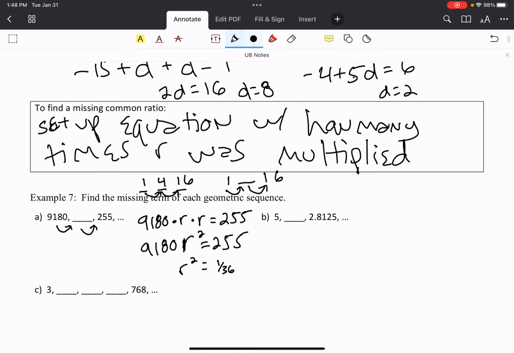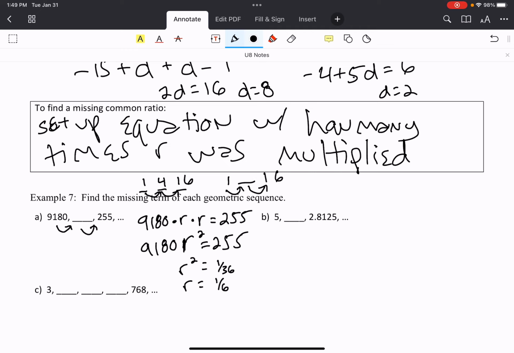Here's the only issue with this one. So r is 1/6, right? Or again, you can leave it as a decimal, but we're missing one thing here though. When I square root, it's positive or negative.